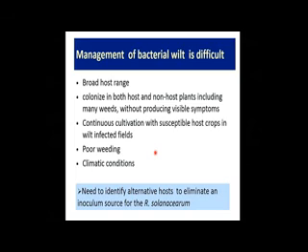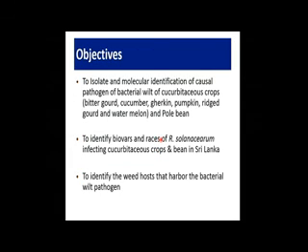Also, in Sri Lankan farmers' fields, continuous cultivation with susceptible host crops in wilt-infected fields spreads Ralstonia solanacearum. Therefore, the objectives of the study were to isolate and molecularly identify the causal pathogen of bacterial wilt of cucurbitaceous crops and pole bean, and the weed hosts that harbor the bacterial wilt pathogen.